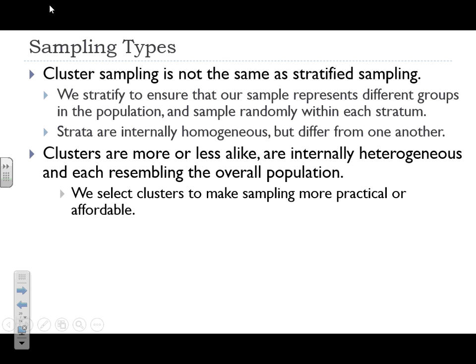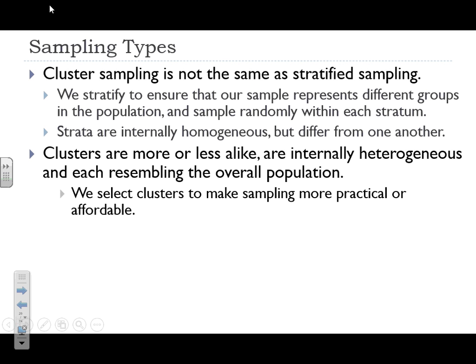With stratified, we separated into groups, and then we took an SRS from each group. So an SRS from Group A, SRS from Group B, and then C, and those become our sample. When we cluster, we take our groups and we randomly select the groups.